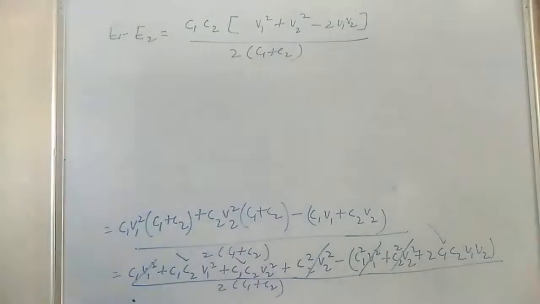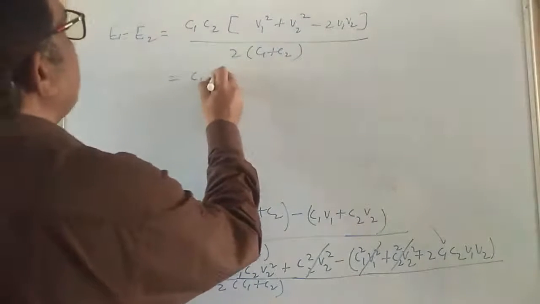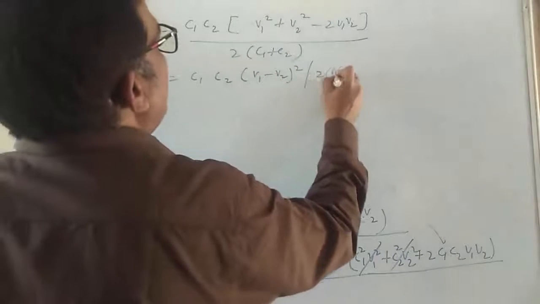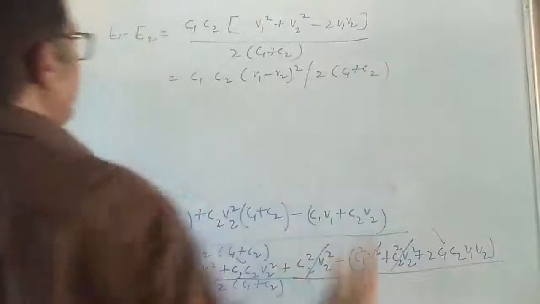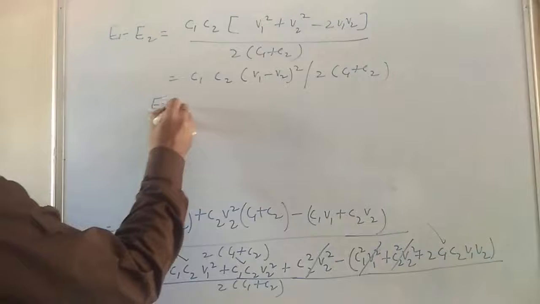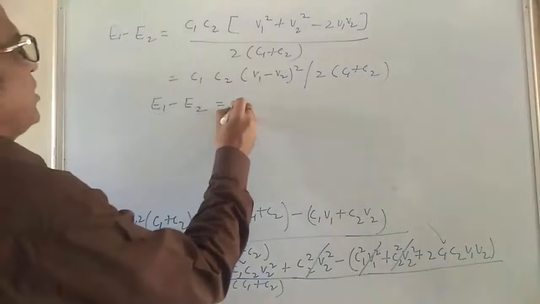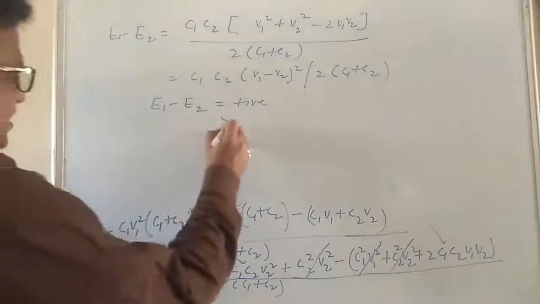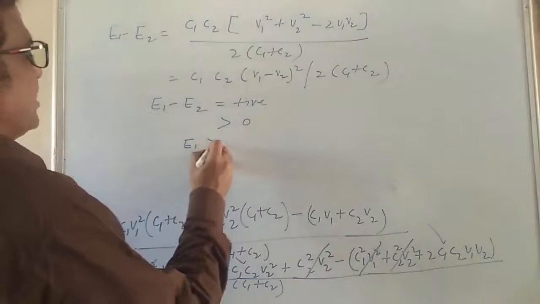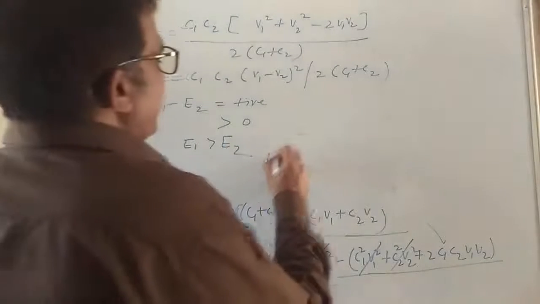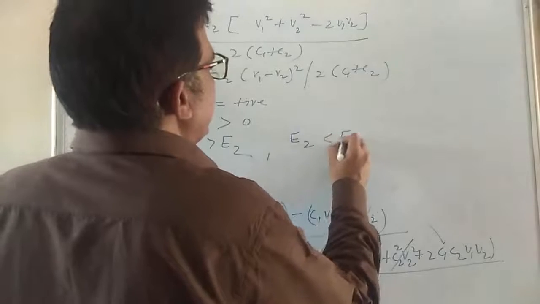This remains, everything else is cancelled. So this is C1 C2 (V1 minus V2) whole square divided by twice of (C1 plus C2), which is positive. So E1 minus E2 is positive. This is a positive value here. I can say it is greater than 0. So E1 is greater than E2. Or I can say E2 is less than E1.